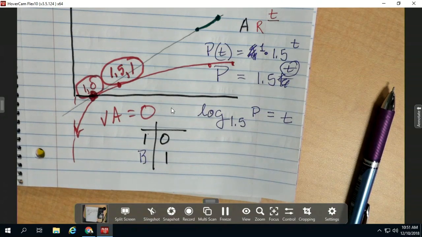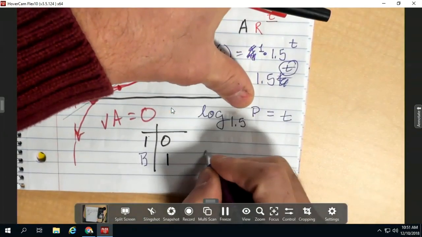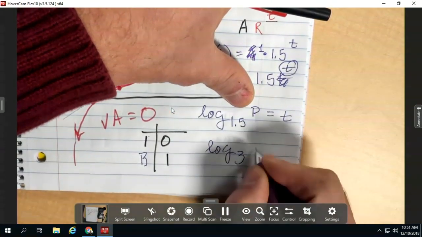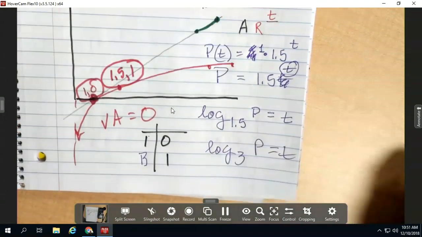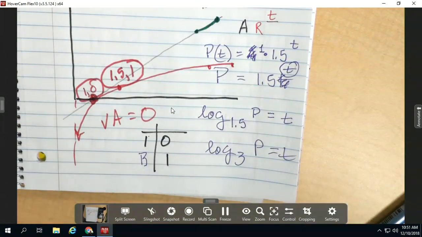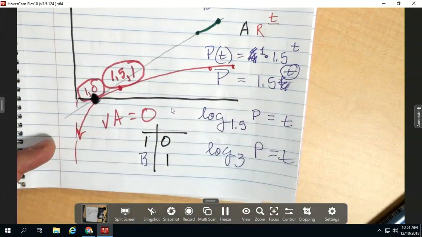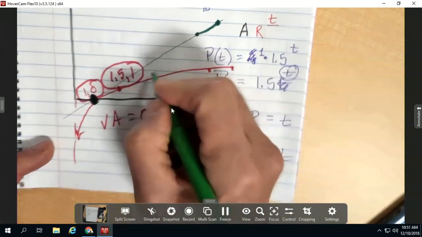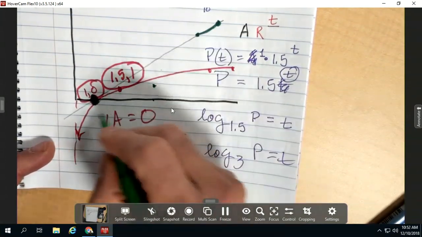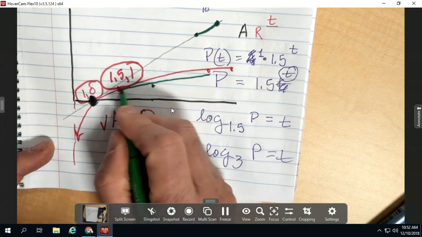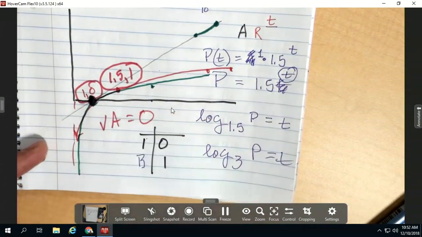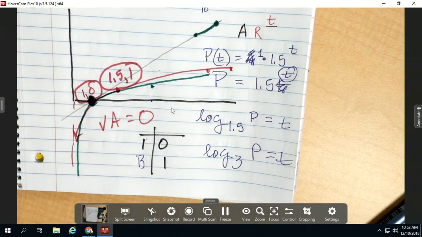So if they said log base 3 of p is t, how would our graph change? It would go through over 1, up 0, but what would be the next point it would go through? Over 3, up 1. So it would go like that. We'll start there tomorrow.